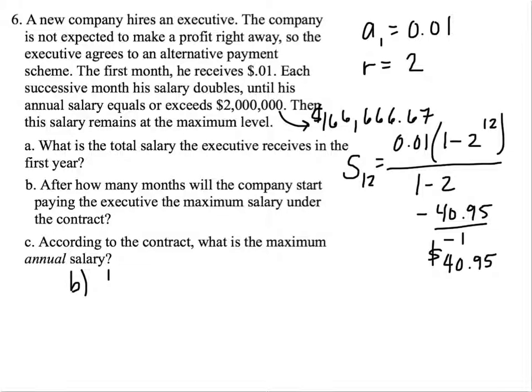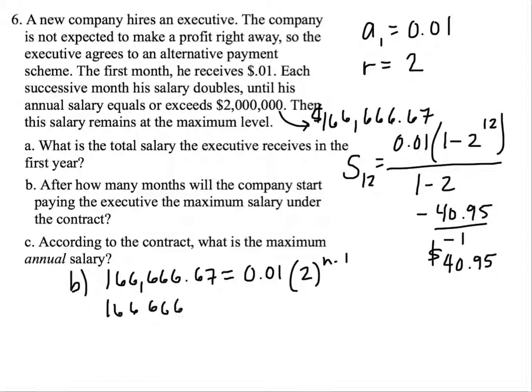What we've got to do is figure out what number of months gives us this. Okay? So the first thing we do is divide by that penny. So we get this.